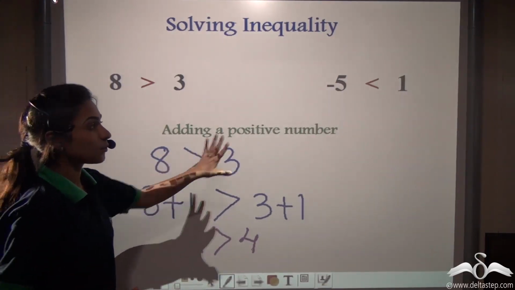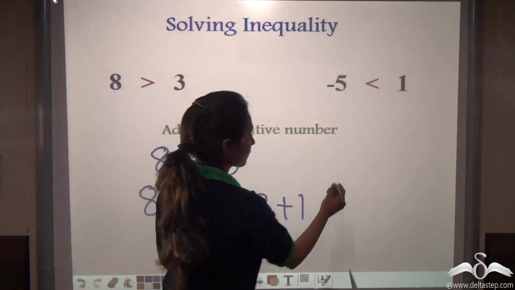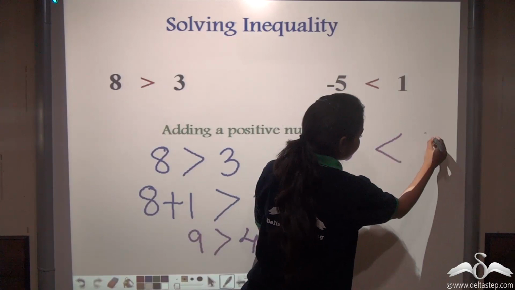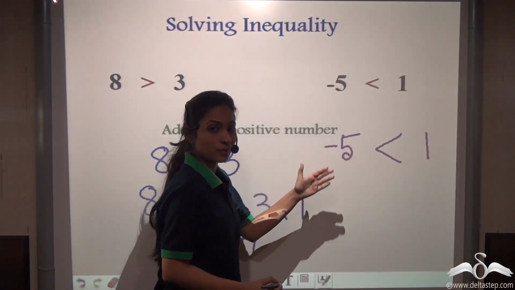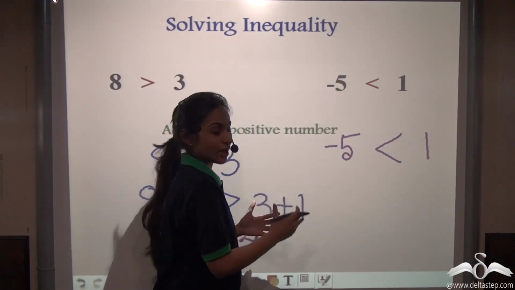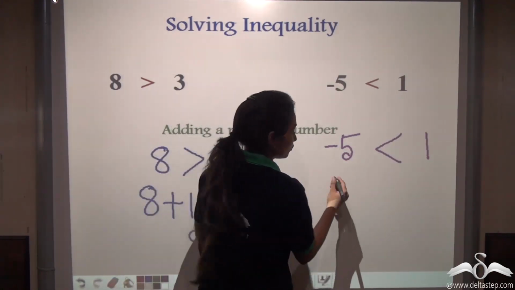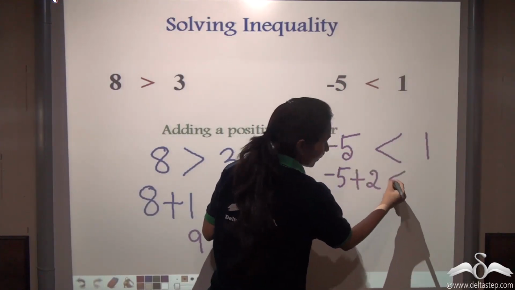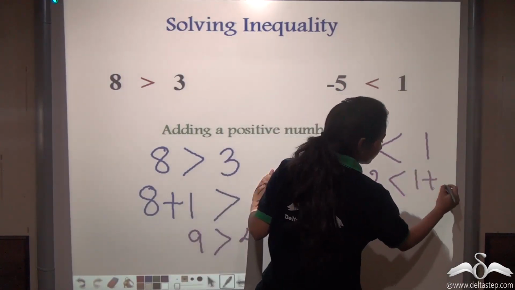Let us try this with this inequation as well. Minus 5, that is less than 1. Add plus 1 both sides, or if you want, you can add any positive number and check. Let us do it with plus 2. So minus 5 plus 2 should be less than 1 plus 2.